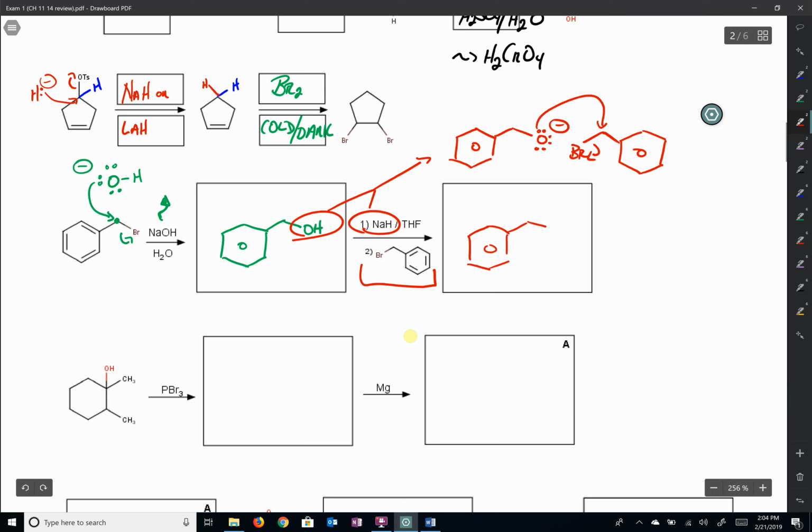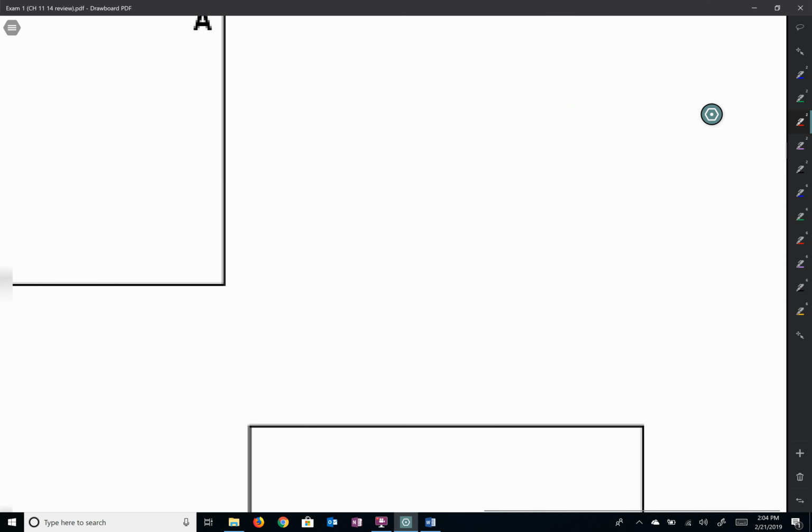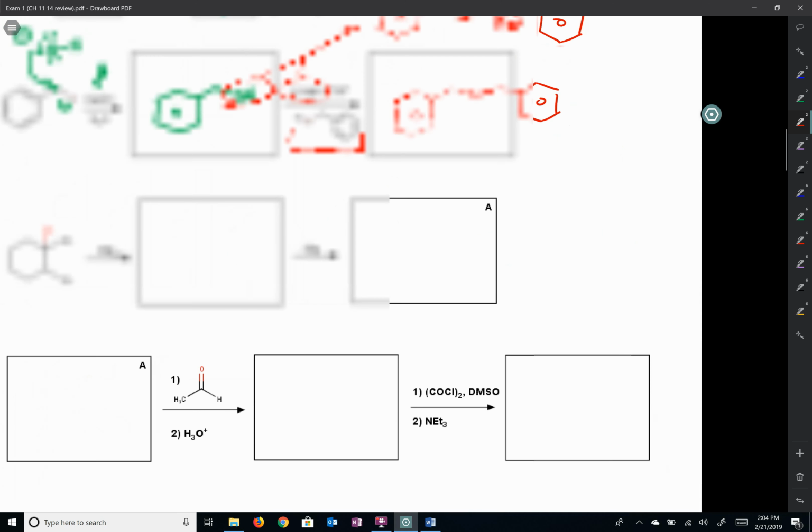And so we end up making this guy. So this is a classic Williamson ether synthesis. We have an alcohol, we put it in the presence of sodium hydride, and then we put in some primary alkyl halide to make an ether. Oh, sorry about that. Kind of zoomed in there for no reason.